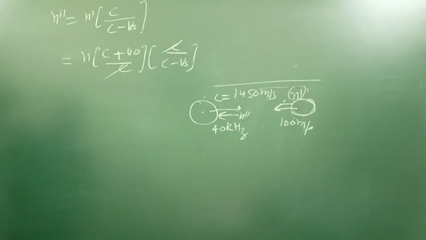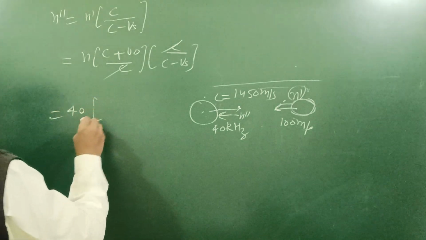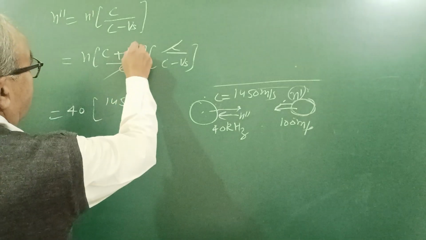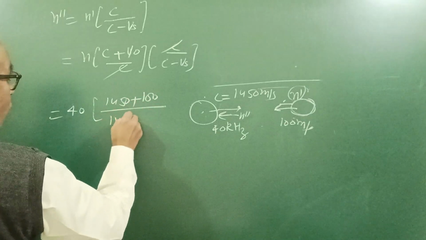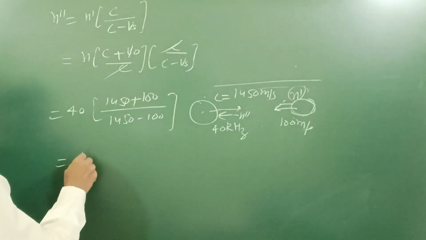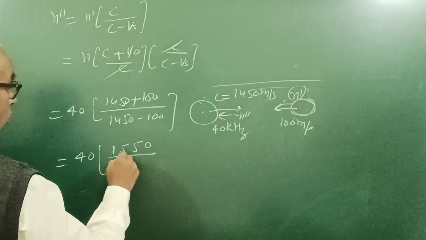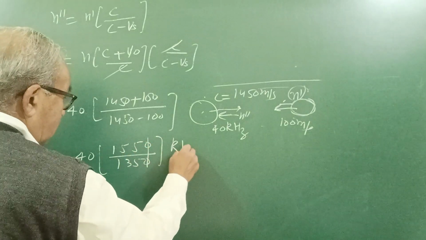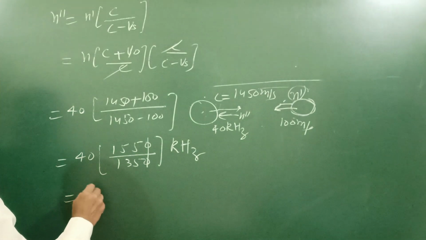Put n as 40 kilohertz: 40 into 1450 plus 100 upon 1450 minus 100. It becomes 40 into 1550 upon 1350 kilohertz.